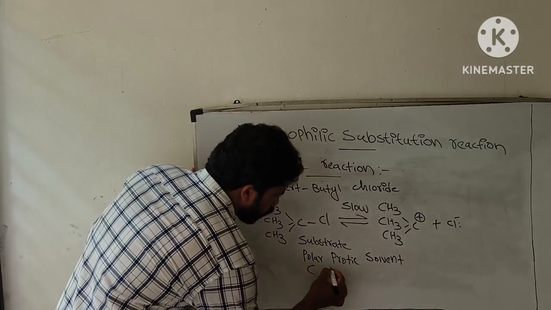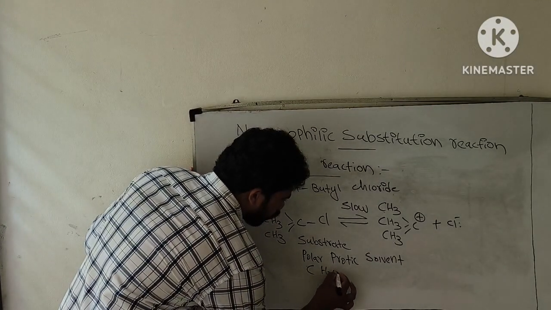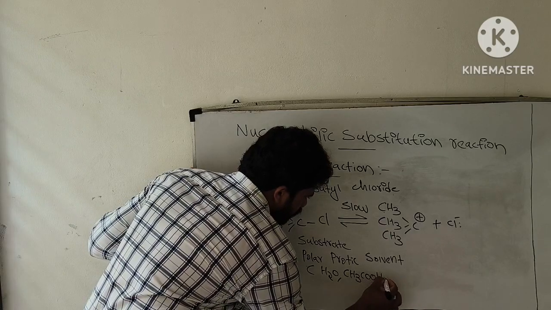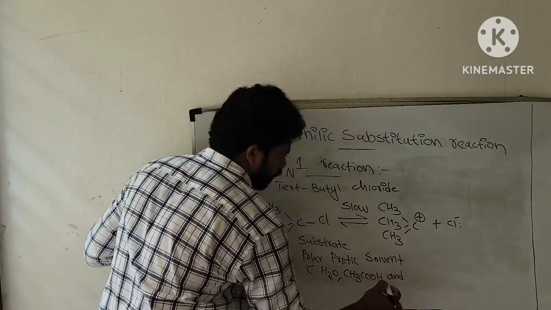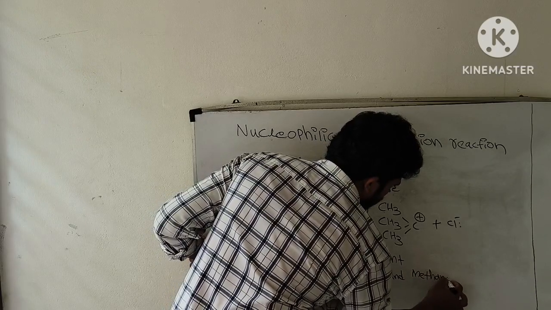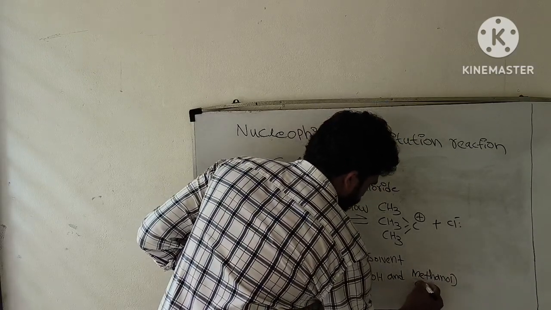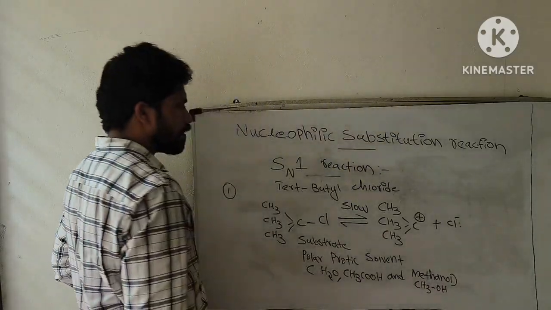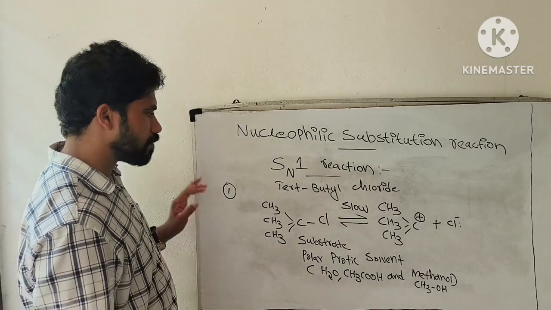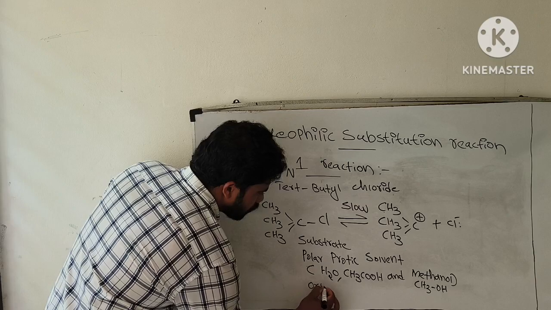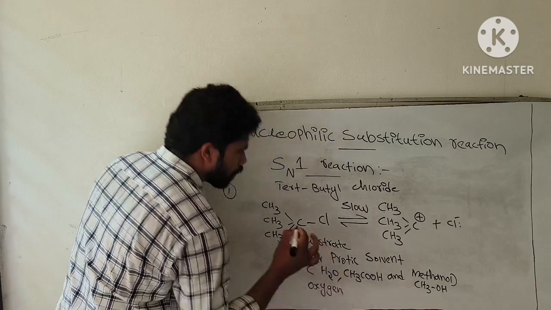Examples of polar protic solvents are water, acetic acid, and methanol, CH3OH. Since the hydrogen is bonded with the highly electronegative element oxygen, that's why it is called a polar protic solvent.